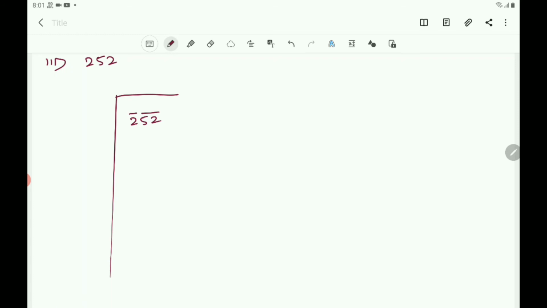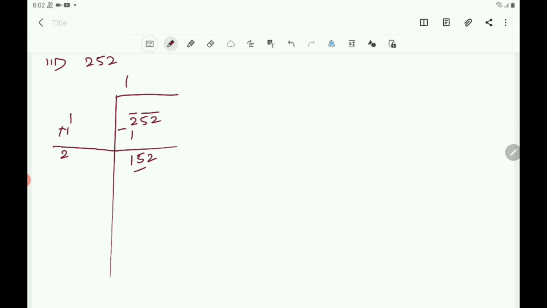So you take 1 here, 1 ones are 1. Then 2 minus 1 is 1. Take the 52 which is under the next bar. Now here double it or add 1, it becomes 2. Then here you must get the number which is nearest to 152 by taking some digit in front of 2.